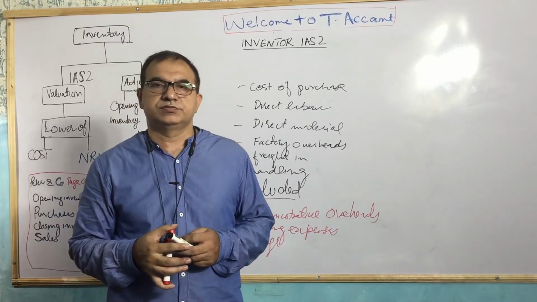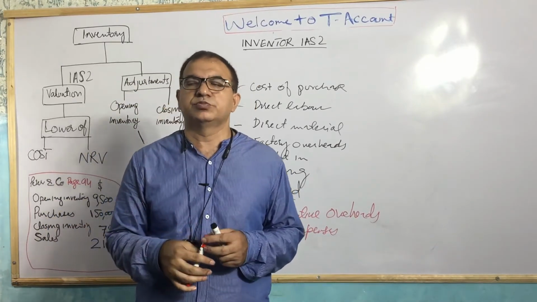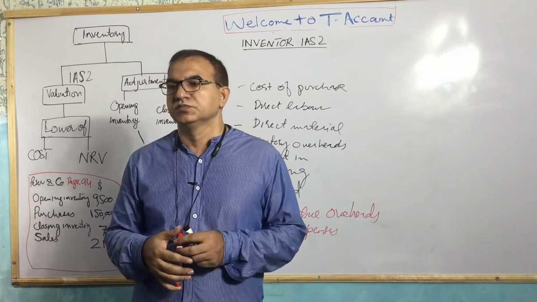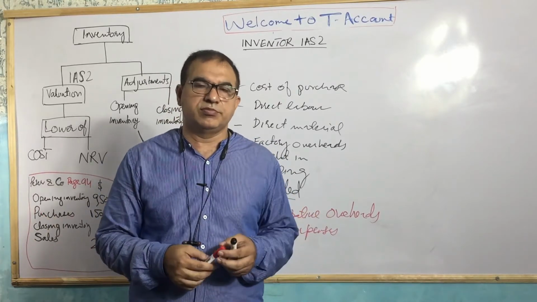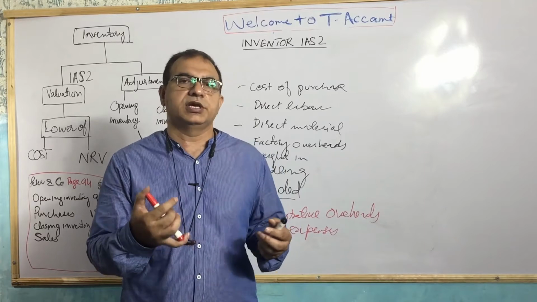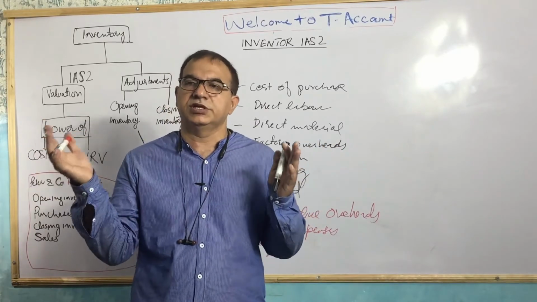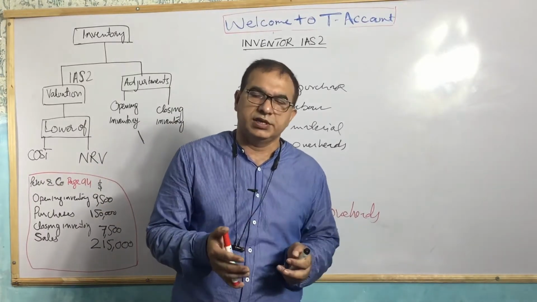Then abnormal wastage. For instance, your capacity is to produce 1000 units of something, and for some reason you produce only 10 units, so you cannot charge all the depreciation and labor to only those 10 units.